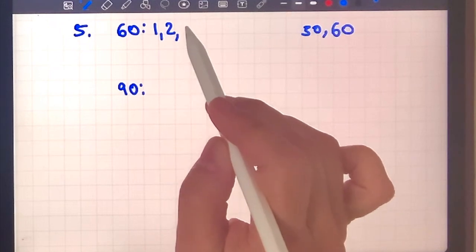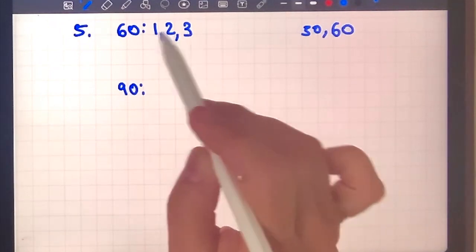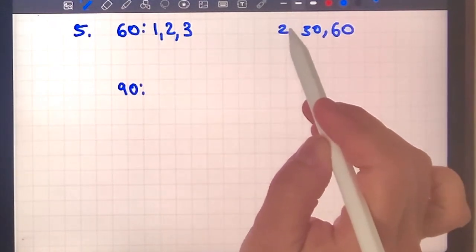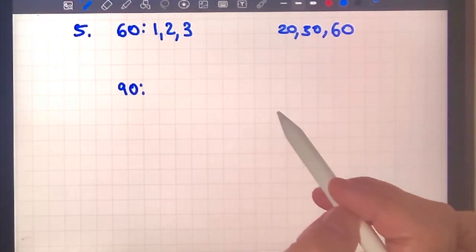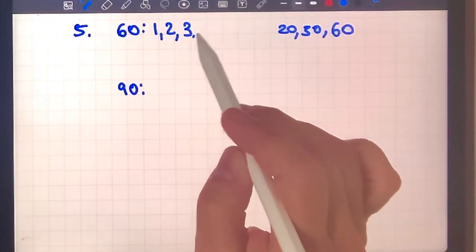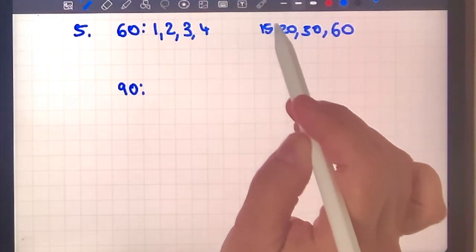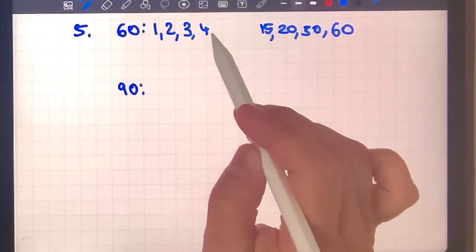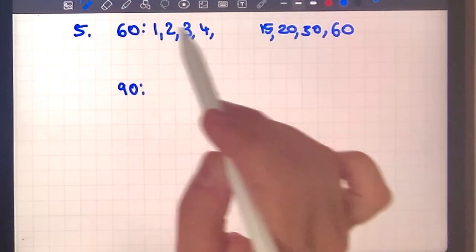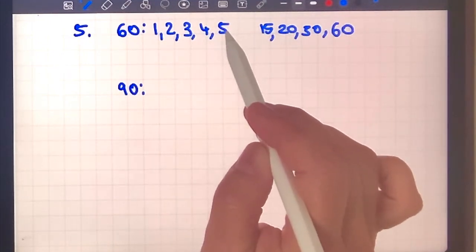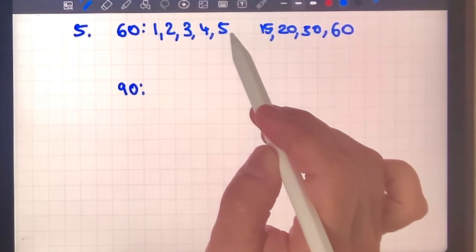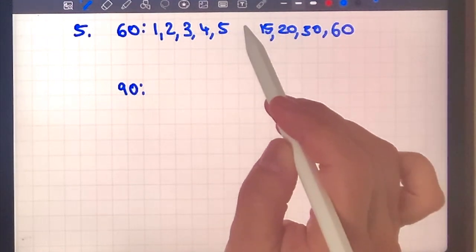The next factor is 3. 3 goes into 60 20 times. The next factor is 4, which goes into 60 15 times. The next factor, because it ends in 0, is 5. 5 goes into 60 12 times.